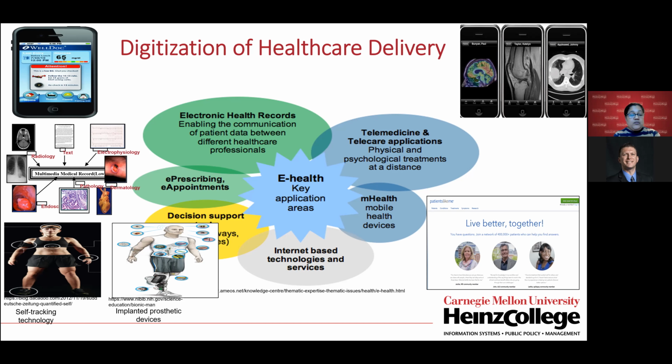So this is self-tracking technology that we are using in order to get more information about how well you're managing your health. And then there are implanted prosthetic devices, whether it is the pacemaker, the heart VAD device, the wristband again, and so on. So these are all sensors, wearables, and devices that are also generating a ton of data.